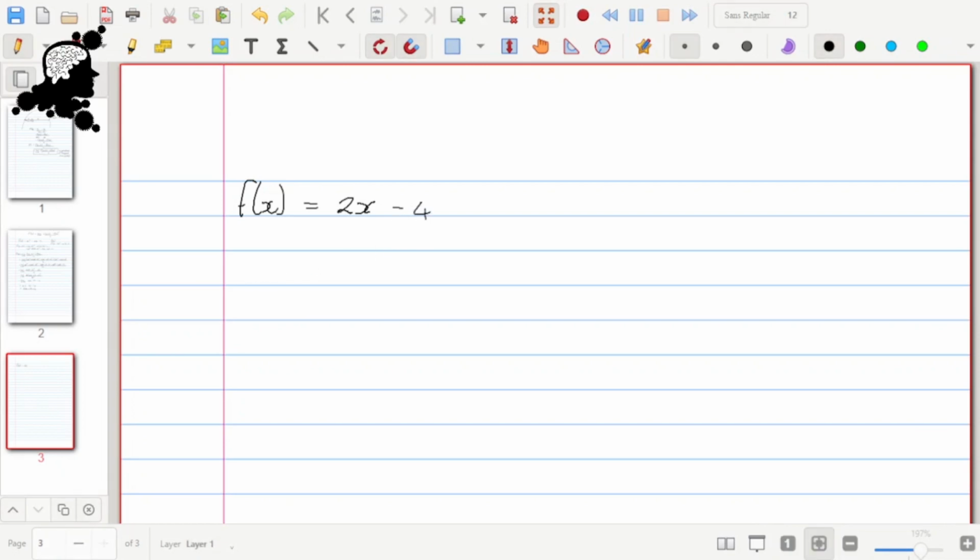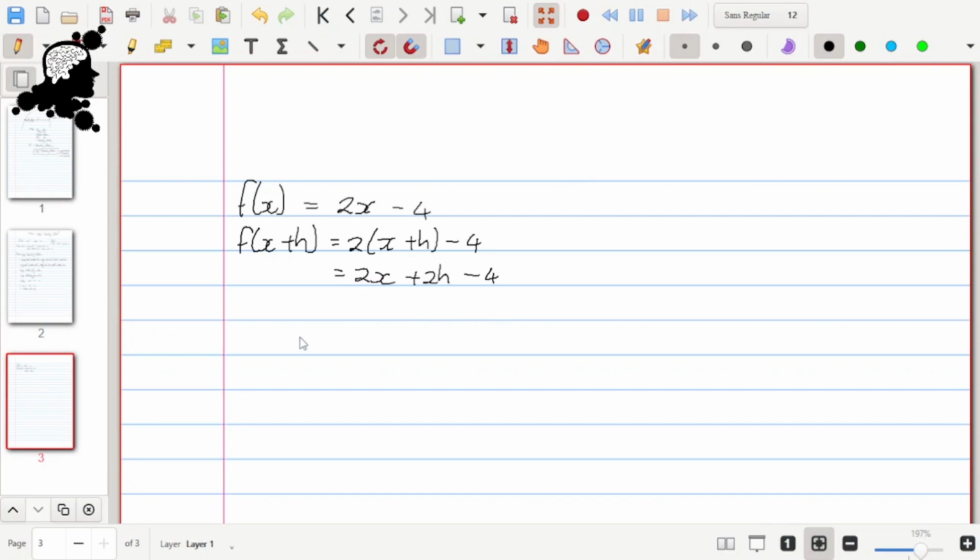Once again, what we need to do is first write down f of x plus h, meaning where I see x in the equation of f, I have to put x plus h. This is going to be 2 into (x plus h) minus 4. If you multiply out the brackets, you will get 2x plus 2h minus 4.